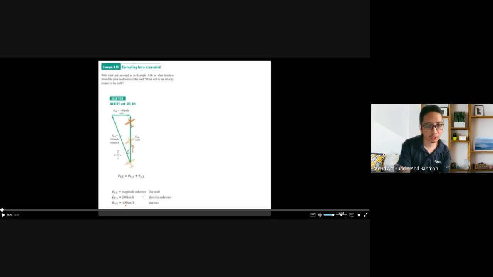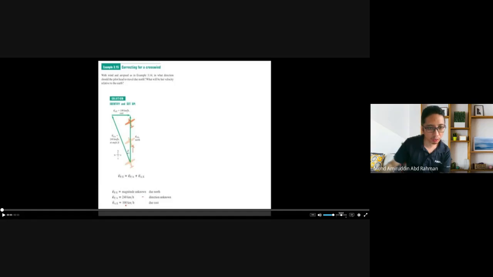So we construct that. Assume that direction is combined with the initial point of VAE. Because we know the direction of VAE is due east, we combine the components of the vector.